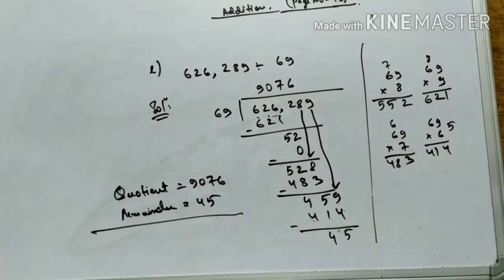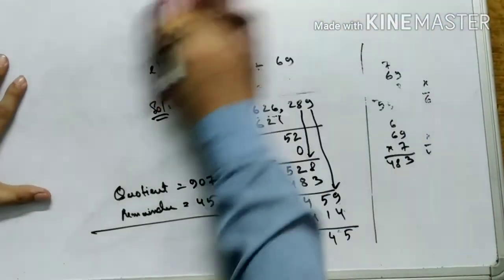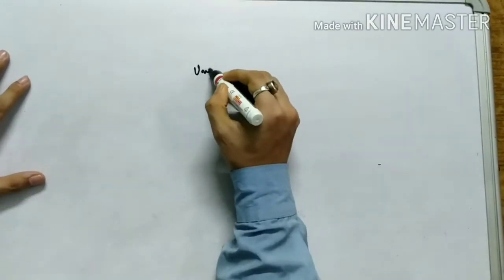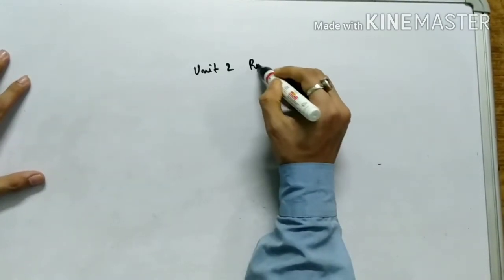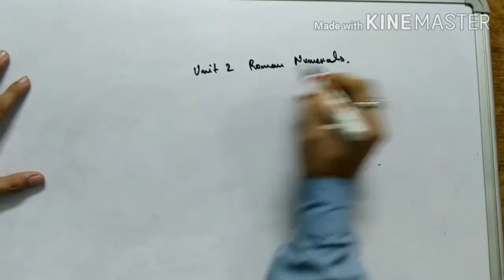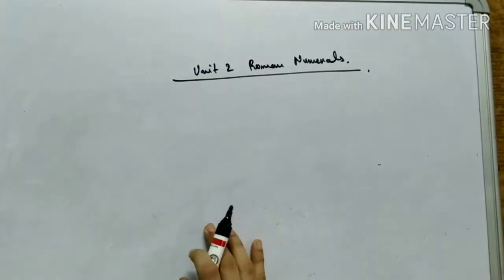Okay, so now I will go to unit 2. This is your new chapter, unit 2, which is Roman numerals.